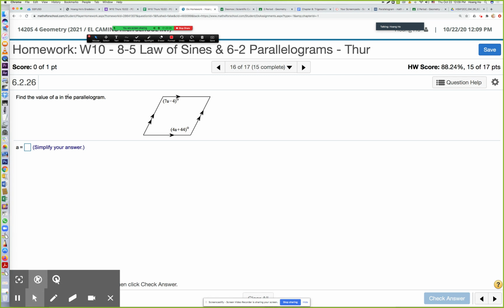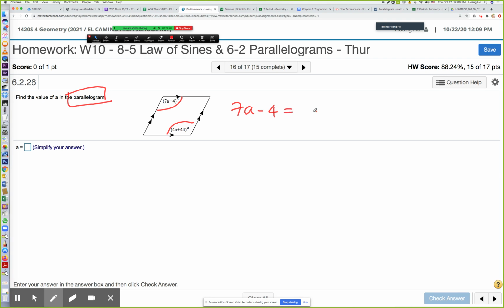So this is a parallelogram. So opposite angles have to be congruent. So I just set them up: 7a subtract 4 equal 4a plus 44. Okay. So let's do this. I would subtract 4a on both sides.